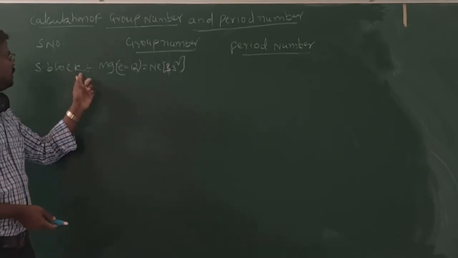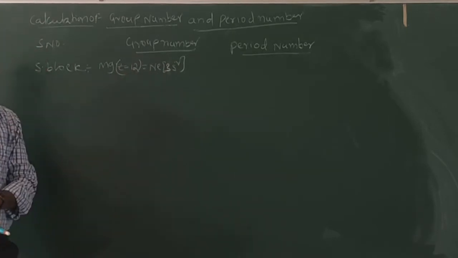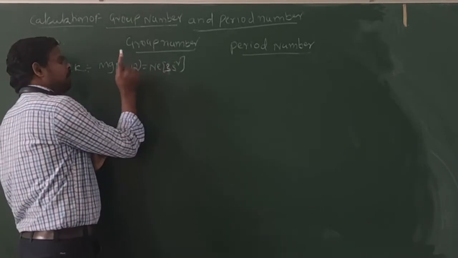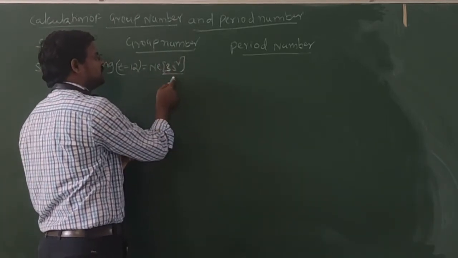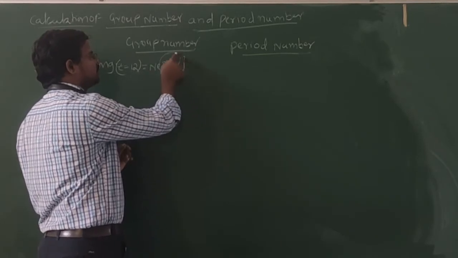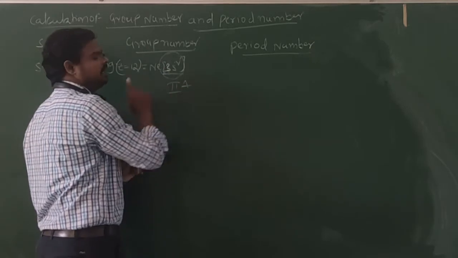For magnesium, the last electron enters the s orbital of the third orbit. The group number is the number of electrons present in the outermost orbit, which is 2. That's why it is the second group, that is 2A.